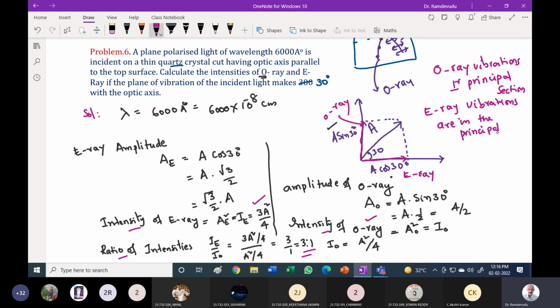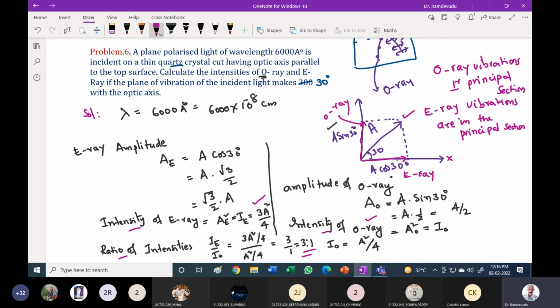Suppose now the principal section is along the optic axis, which is along the x-axis. This is x and y. Therefore, the incident light has an amplitude A, which is a light vector, the E vector, because polarization is because of the electric component of the electromagnetic wave. I have taken this incident wave at 30 degrees. This vector quantity can be resolved into a horizontal component and a vertical component.